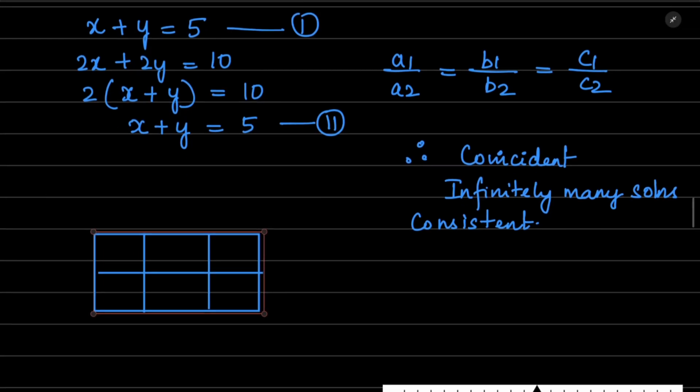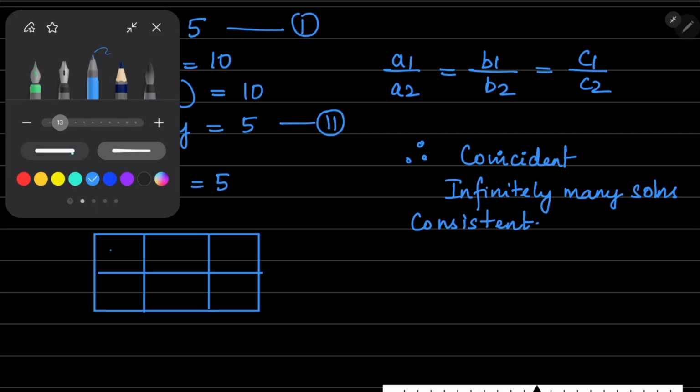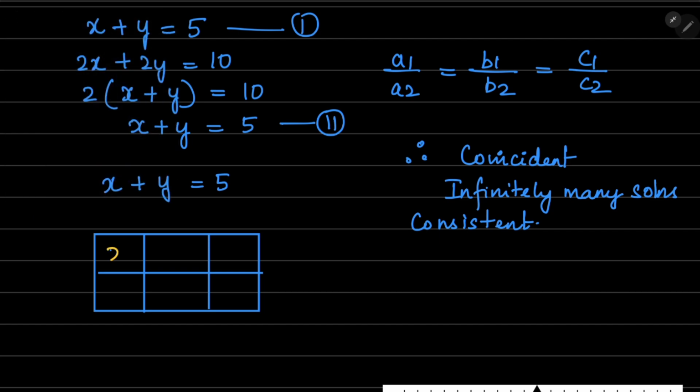So what is the equation? X plus y equal to 5. Okay. So let's take different values of x and y. Suppose if your x is 0, what will be your y? Y will be 5. Right? If your x is 2, for example, what will be your y?